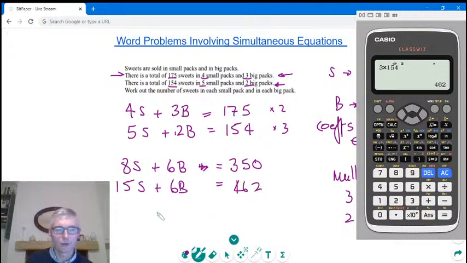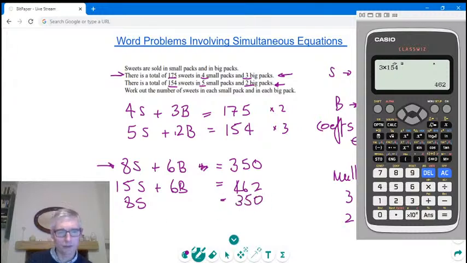What that would mean then is we've now got to subtract one from the other to get rid of the B's. And just to make it easier, I'm going to write this one below, because we'll end up with a positive number of S's if we subtract it.